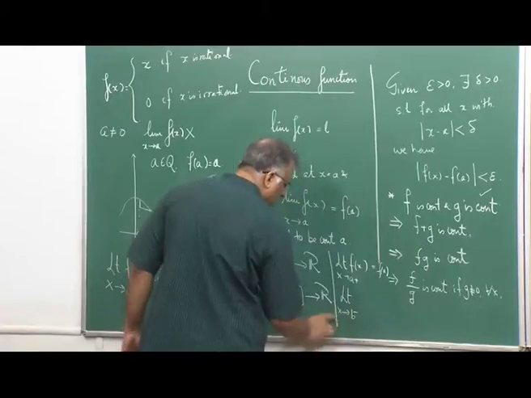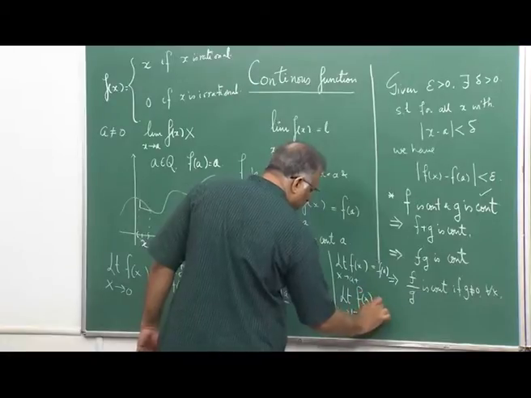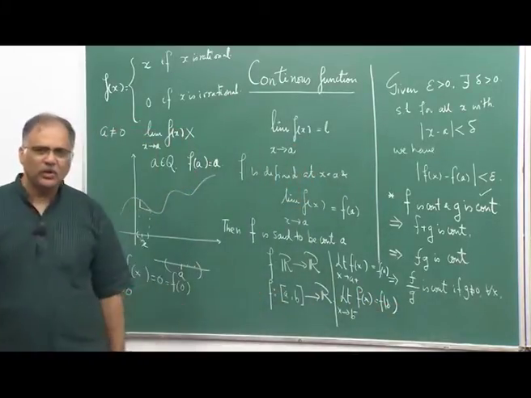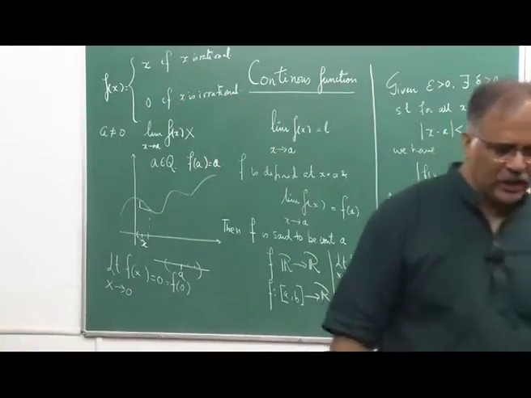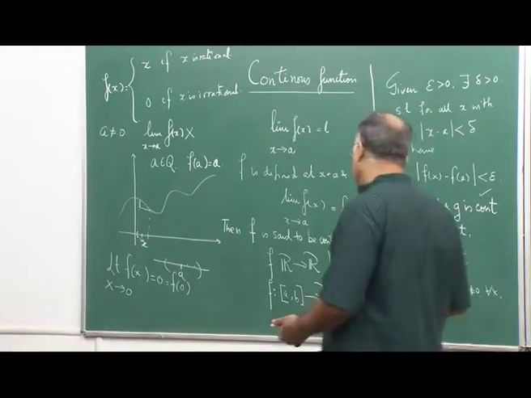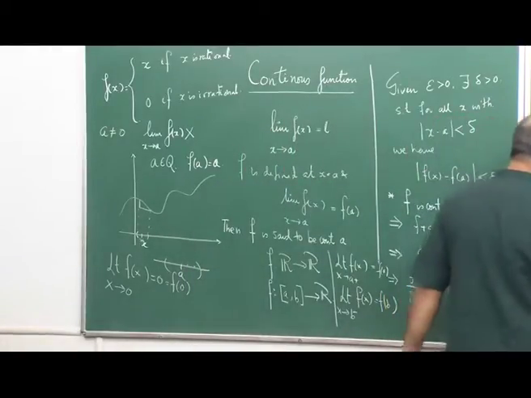This means I am coming to b from the left, and f(x) should be f(b). So, whenever I am telling that a function is continuous over the closed interval [a, b], you should be careful enough to understand that at the end points I am only talking about left and right continuity, because I do not know anything about the nature of the function beyond the interval [a, b].